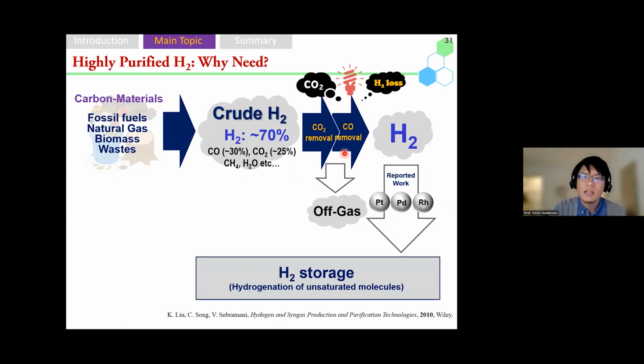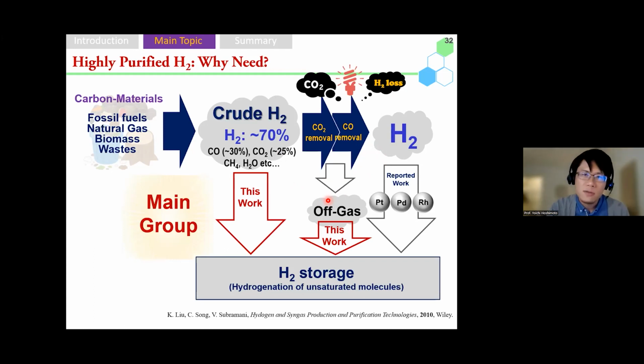However, such processes consume a lot of energy, time, and human resources, and they lose H2 itself. That's why many scientists are devoting their effort to optimize and improve the efficiency of these processes.